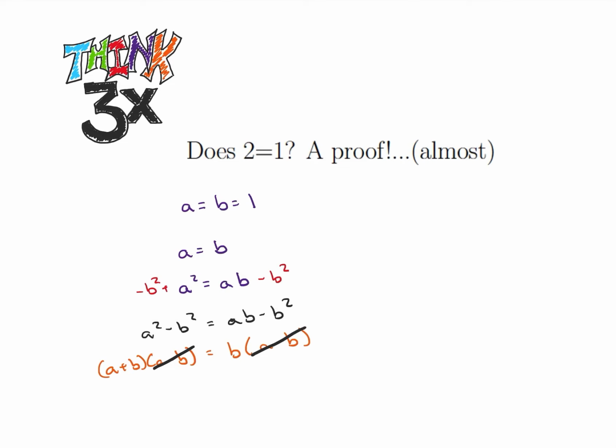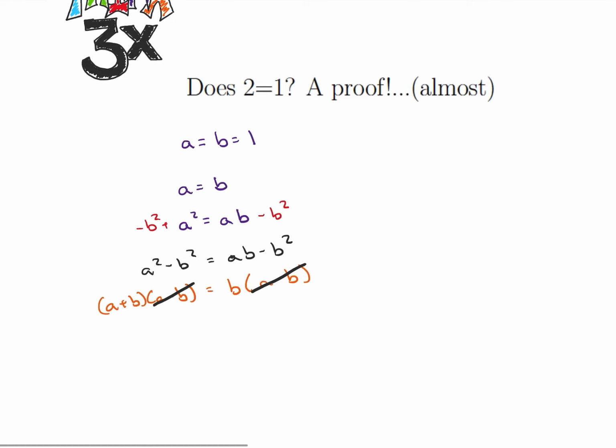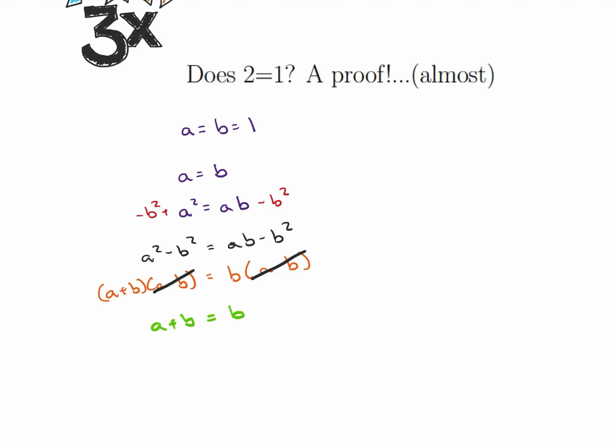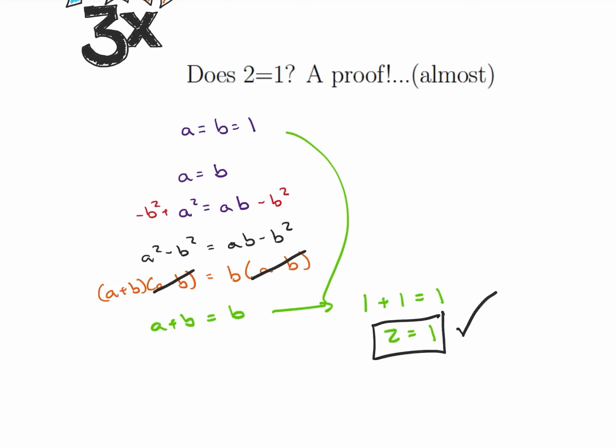So now I'm going to be left with a plus b is equal to b. But there's a little bit of a problem here. We said a and b were both 1. So what this is saying is that 1 plus 1 is equal to 1, or that 2 is equal to 1. So obviously, we just proved that 2 equals 1.